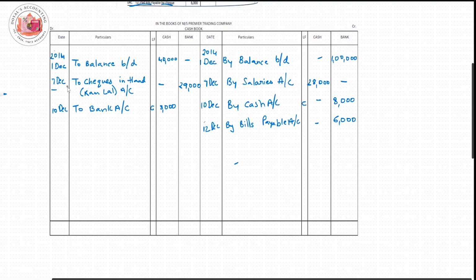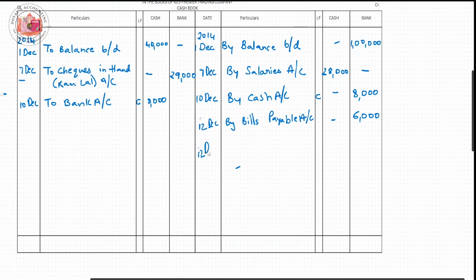So what I recorded here on the debit side, I will record it on my credit side. And I will write by Ramlal account, 12th December, by Ramlal account, 29,000.